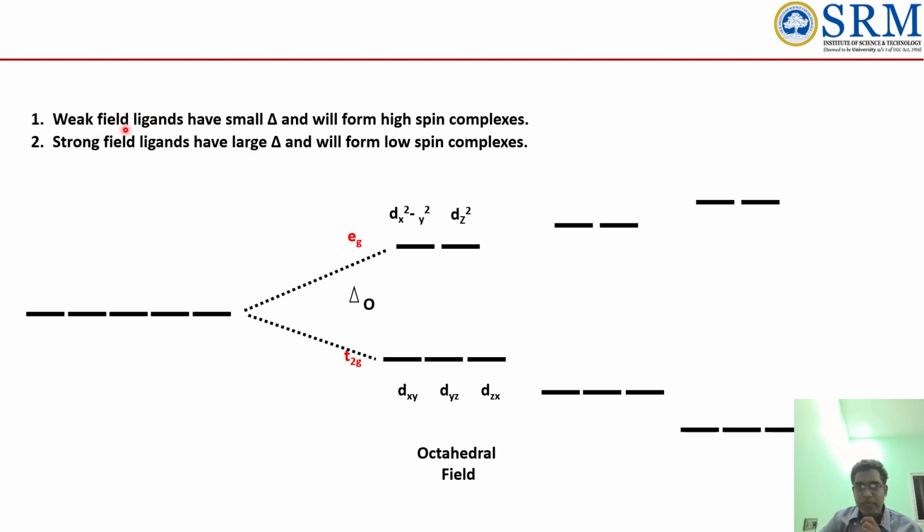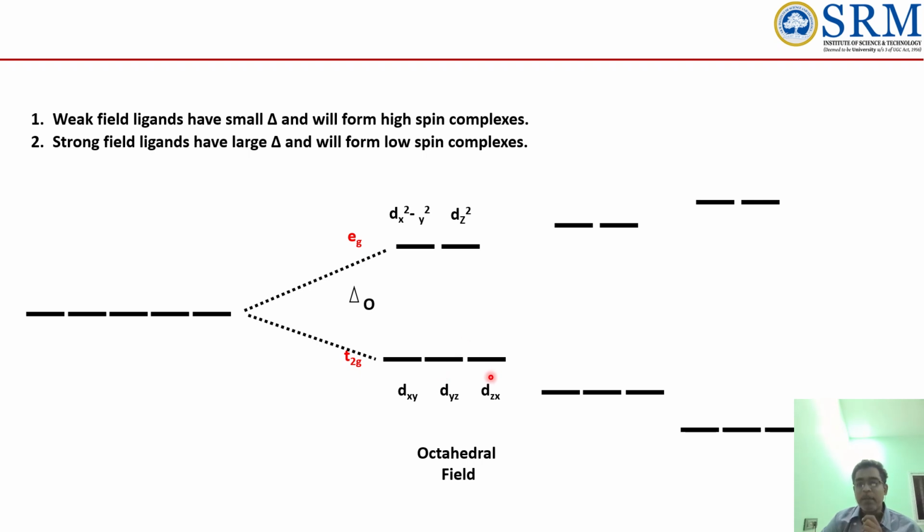Weak field ligands, like fluoride and chloride, have a smaller delta. Take a d4 system, which means four electrons. The first electron will go to dxy, the second to dyz, and the third to dzx.